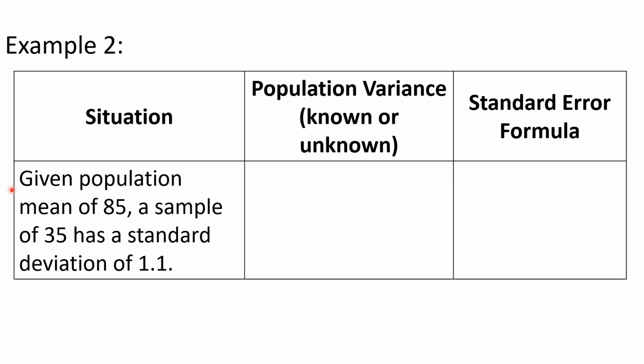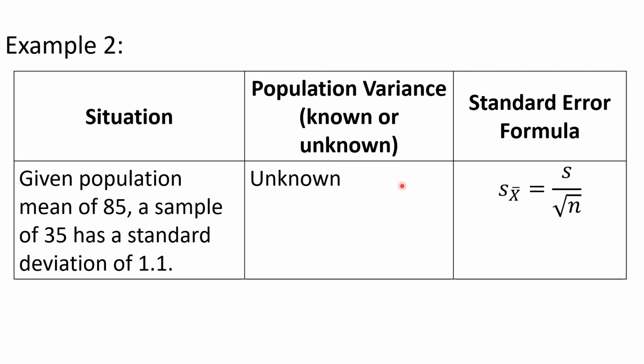Example 2. Given a population mean of 85, a sample of 35 has a standard deviation of 1.1. In this example, the population variance is unknown. What are given are the population mean and the sample size, but not the population variance.